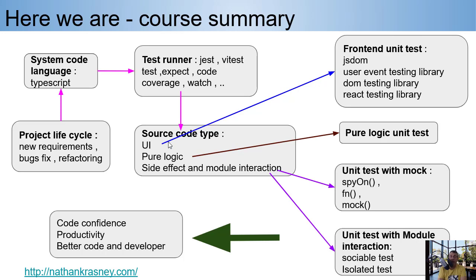You get productivity because you can push changes into production much quicker, and you get better code and you get a better developer, because with unit tests you can confidently make changes like using enum or adding abstraction for persistence. It is so easy to do it with unit tests that these changes are done much more frequently. And your code is getting better, and you as a developer get better.